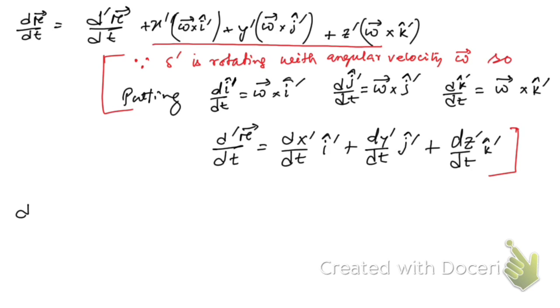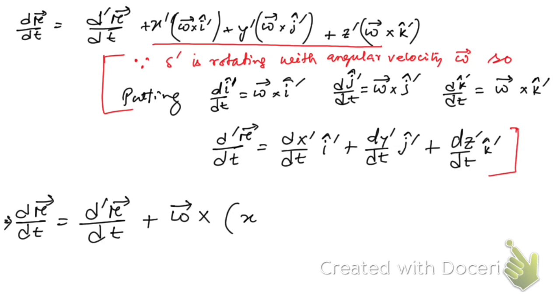Now let me write time derivative of r vector with respect to t here, plus omega is taken out, cross, within bracket we're going to have x dash i dash cap plus y dash z dash cap plus z dash k dash cap, and this is nothing but r, right?